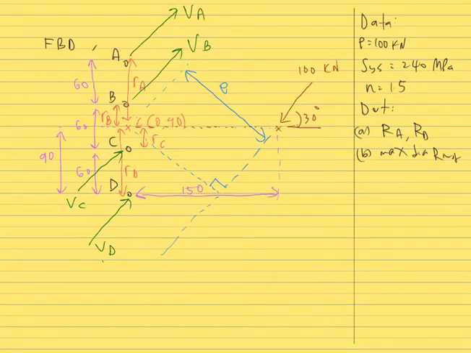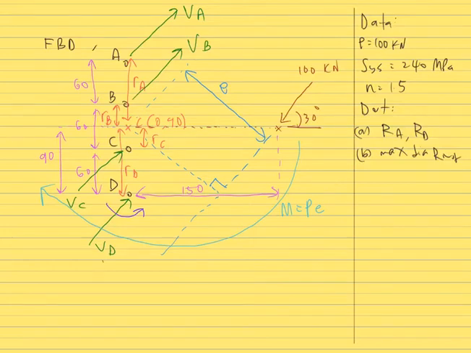Next, because of the eccentricity, the applied force does not pass through the centroid, so there will be an applied moment acting on the centroid, where the applied moment M is equal to the applied force P times the eccentricity length E. Then for each rivet there will be a resisting moment acting opposite to the applied moment.